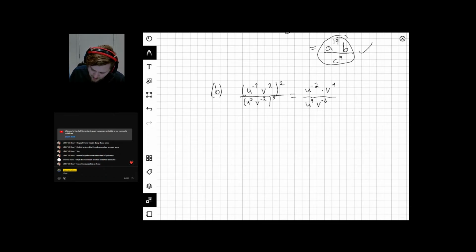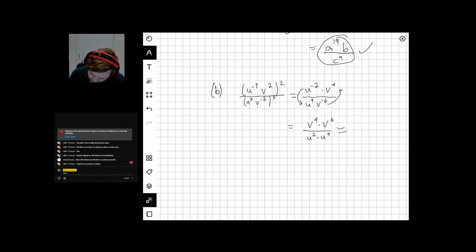Okay. At this point, we have negative exponents to deal with. If we have a negative exponent, we can change its sign and move it to the other side of the fraction. So we can take v6 up here and get v4 times v6, and take this down here to get u squared times u9.